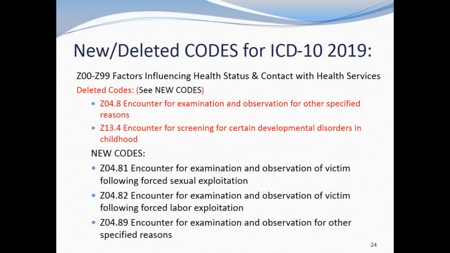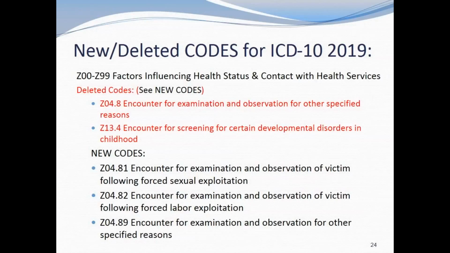And then we also have our Z codes, which we use a lot of. Here are a few that were deleted, but like I said, if it's deleted, that usually means they added something to it. So just look a little further, go a little bit more specific, and it will give you what you need, hopefully. The deleted codes are Z04.8 and Z13.4.